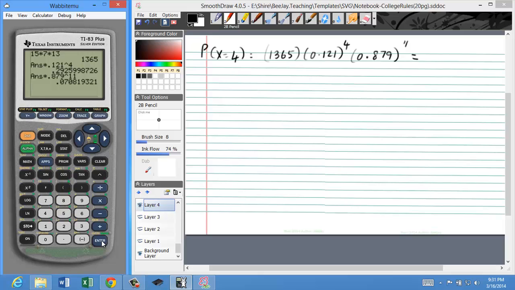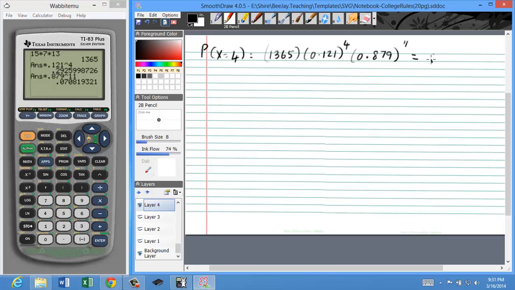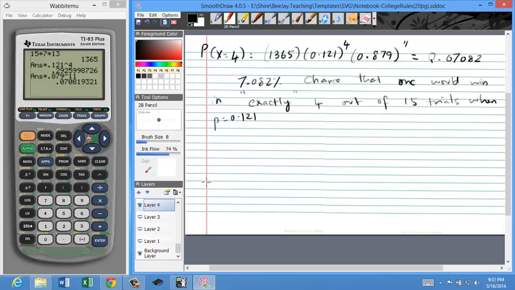And my answer is 0.07082. So there is about a 7.082% chance that one would win in exactly 4 out of 15 trials when p is 0.121.